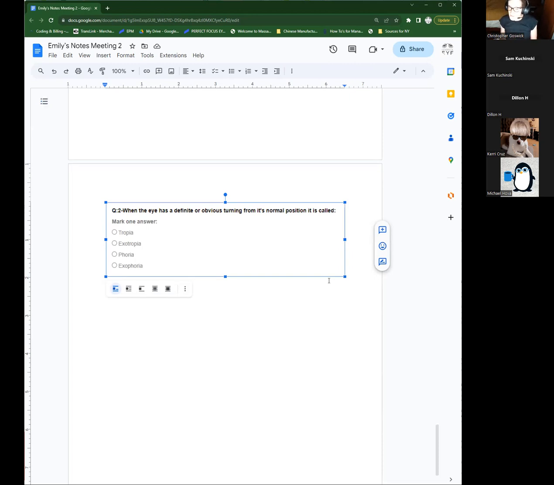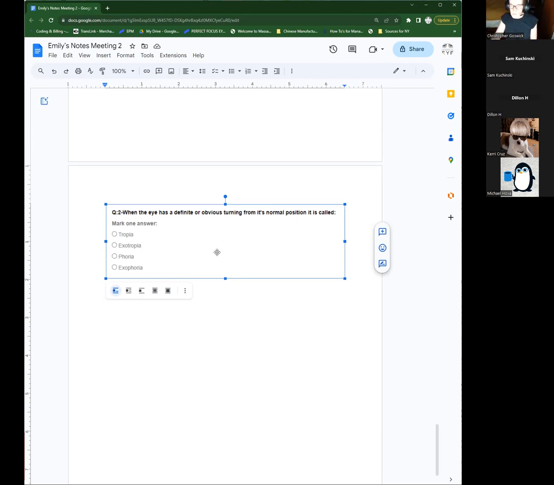In this case, the answer is tropia. Now they also threw in exotropia, which is a little confusing because it could be exotropia, but my thought is that the answer is tropia because it's the big one, and they're not telling us what direction it's turning. They're not saying it's turning out. So we'll go with tropia.